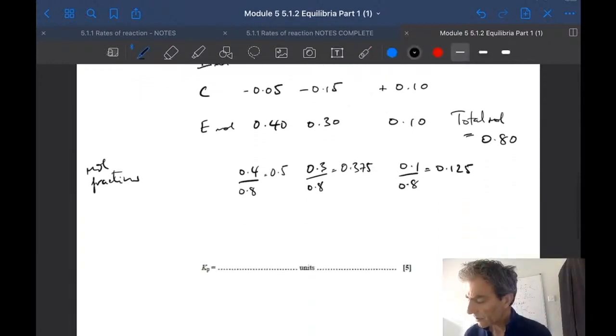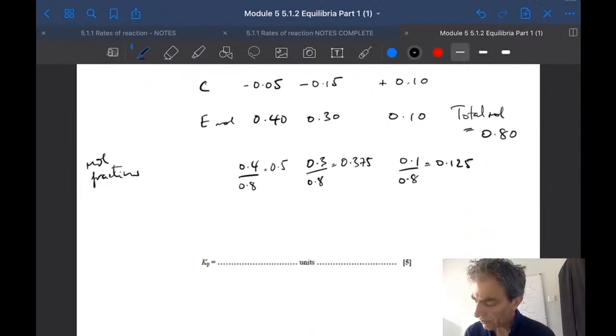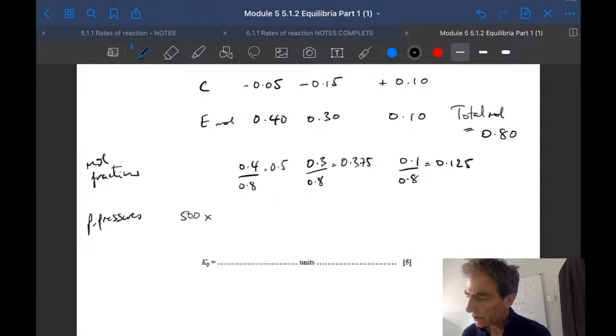So now we've got our mole fractions, we can work out our partial pressures. That's the total pressure times the mole fraction. So it's 500 total pressure times 0.5, so that's 250.